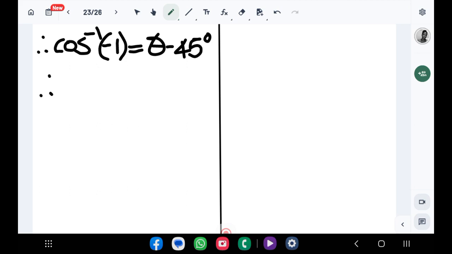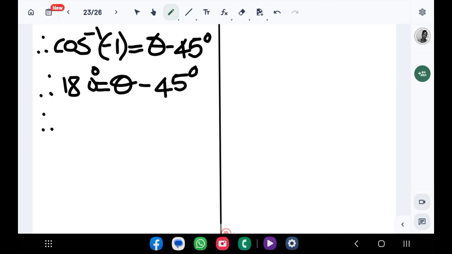Now, you shift cos, negative 1, close bracket, and that is equal to 180 degrees. So the left hand side is 180 degrees equals theta minus 45 degrees.